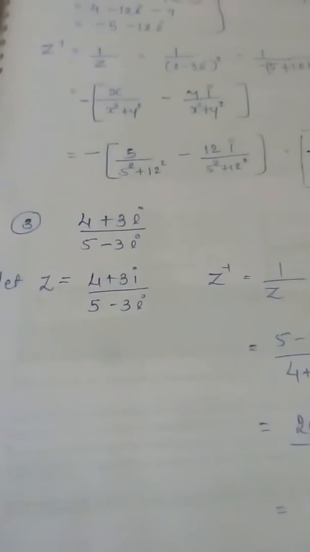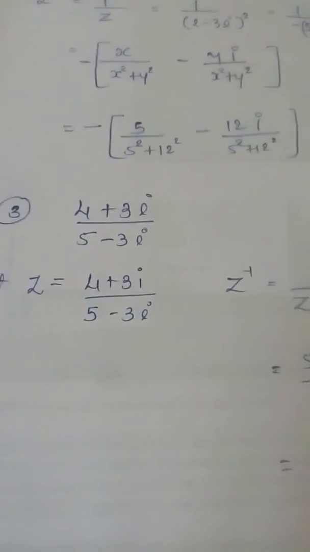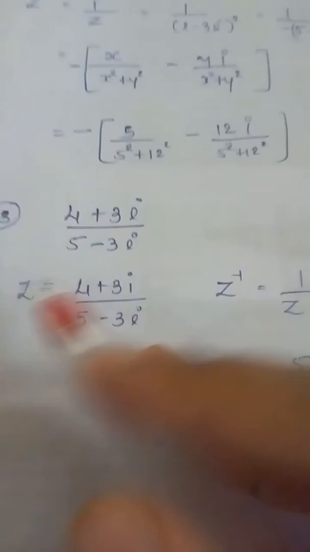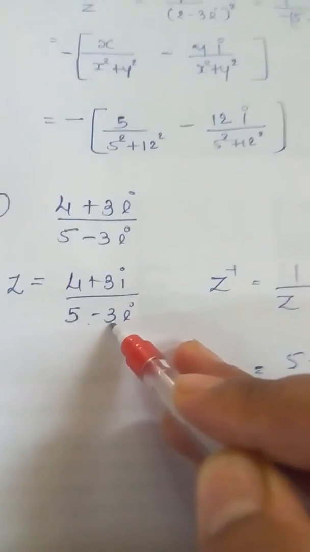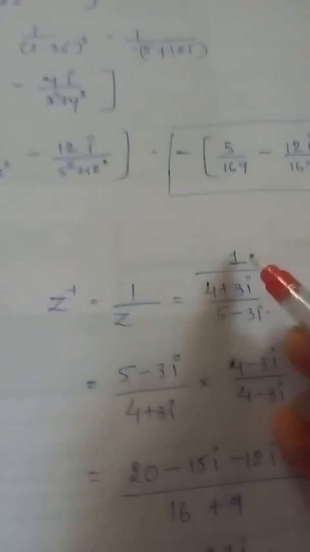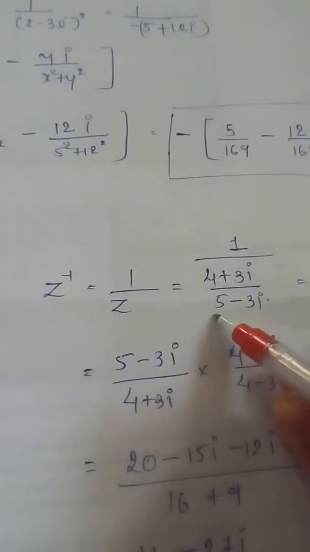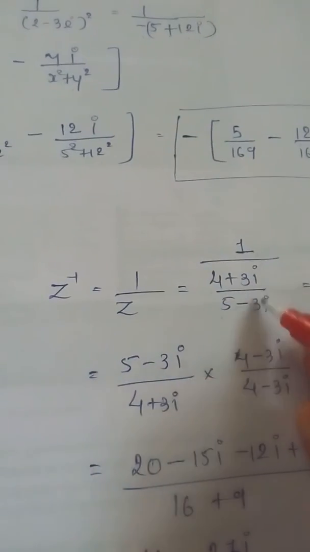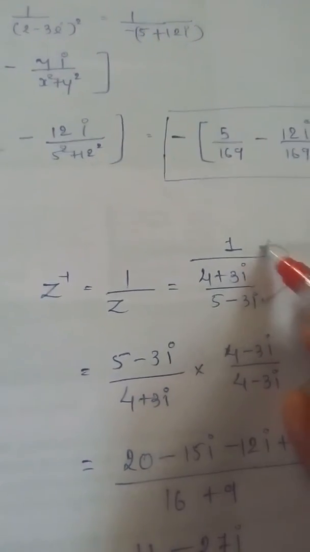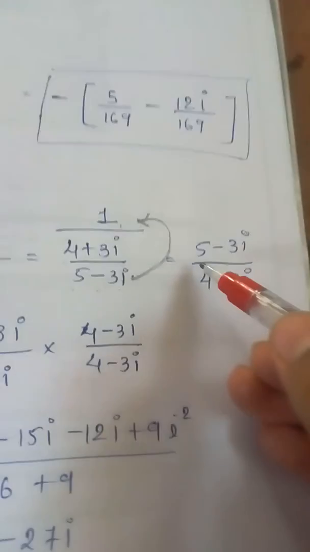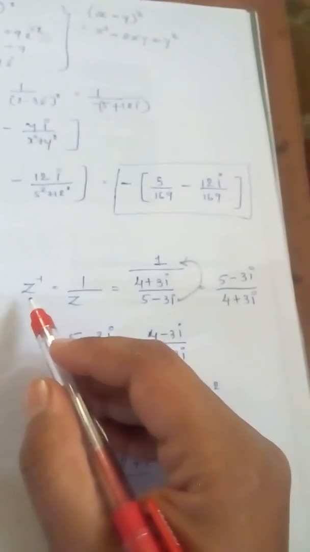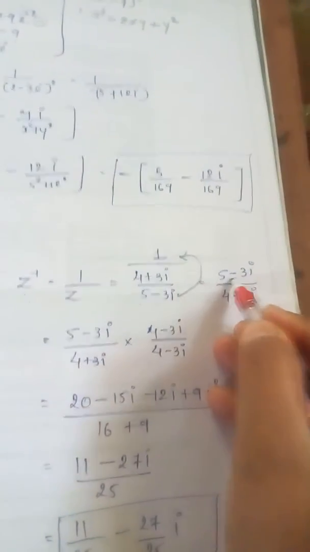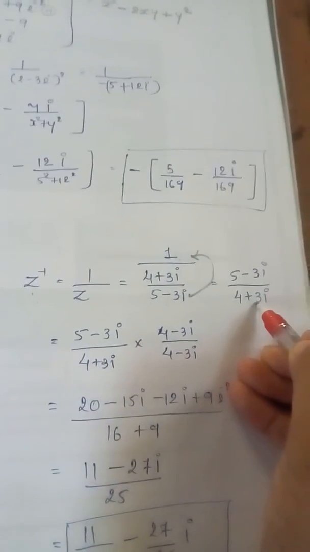Now the next example is 4 plus 3i by 5 minus 3i. Now z is 4 plus 3i by 5 minus 3i, so the inverse will be 1 by 4 plus 3i by 5 minus 3i. The denominator will come into the numerator. So the inverse of z will become 5 minus 3i by 4 plus 3i.